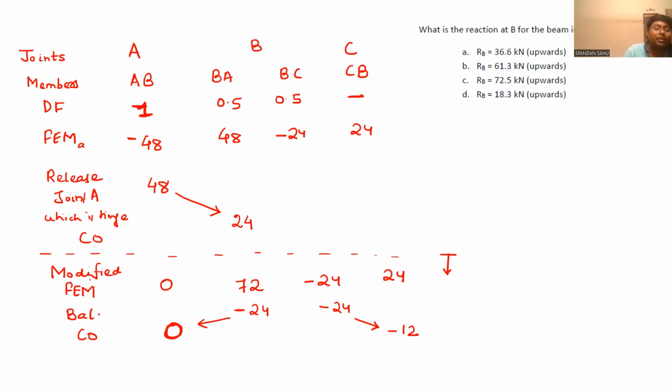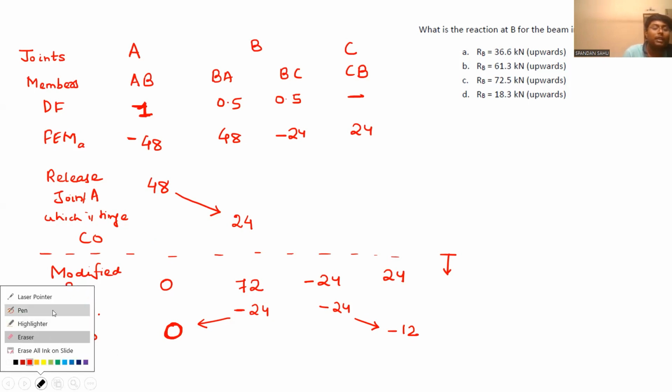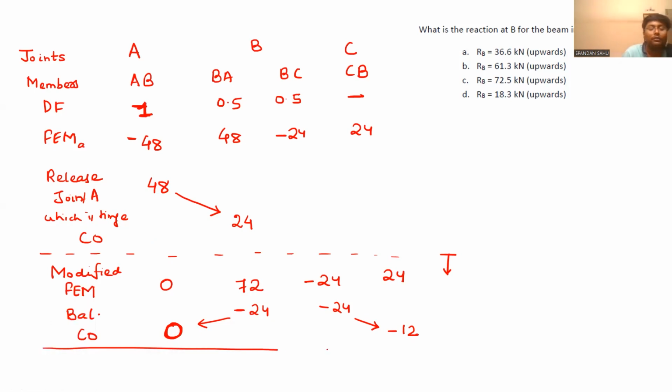Now check, do you need any further balancing? Every joint is balanced. So no balancing. Now add up. This will be 0. This is 72 minus 24 each, 48. Plus 48. This will be minus 48.